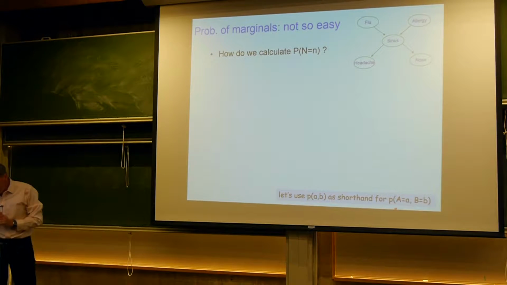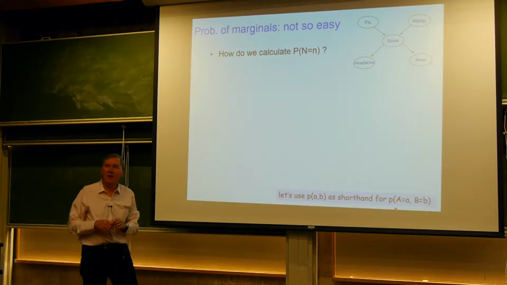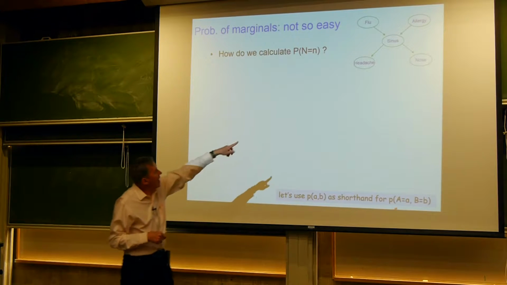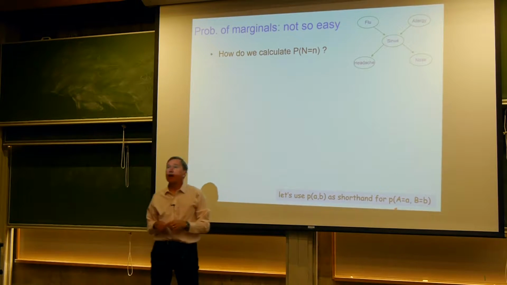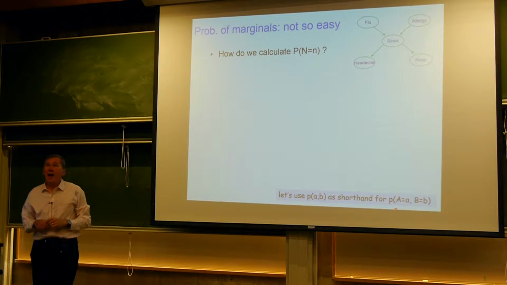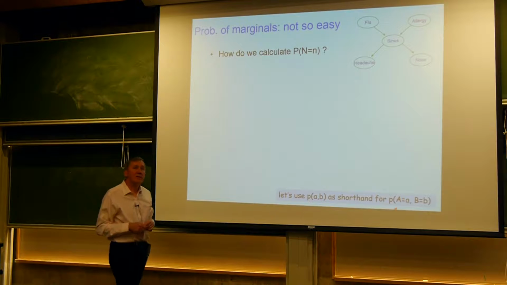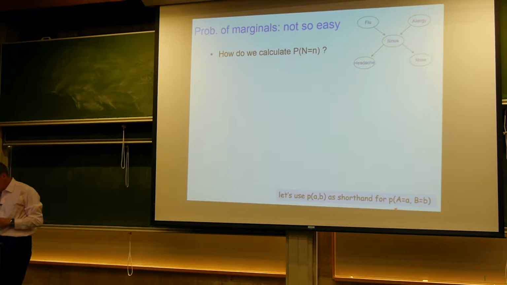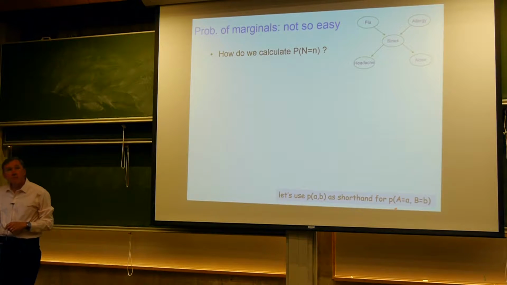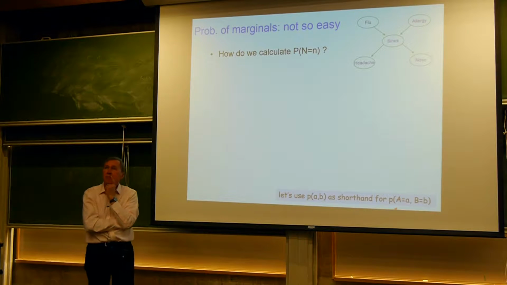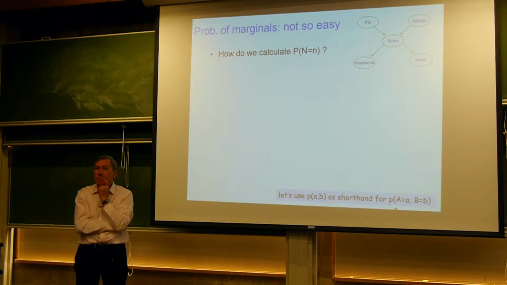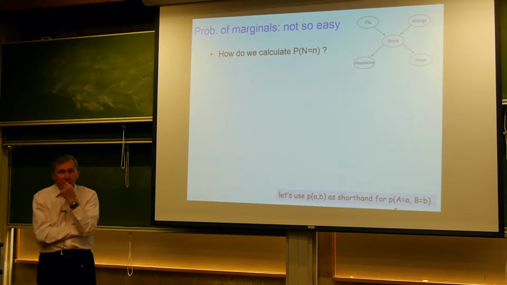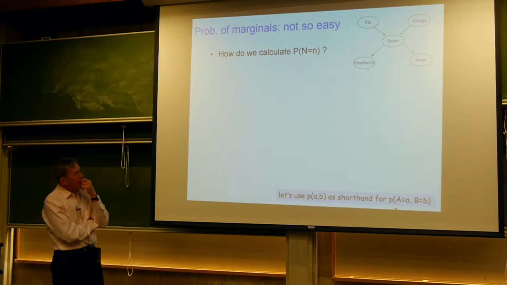Okay, now what if I want a different kind of answer to a different kind of question, like the probability that nose will have the value little n? How would I calculate that? Sum the marginal probability.